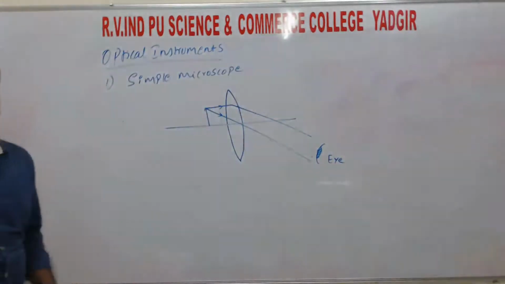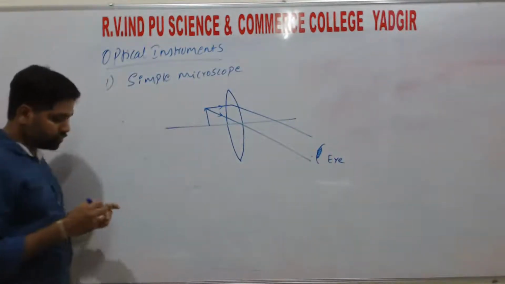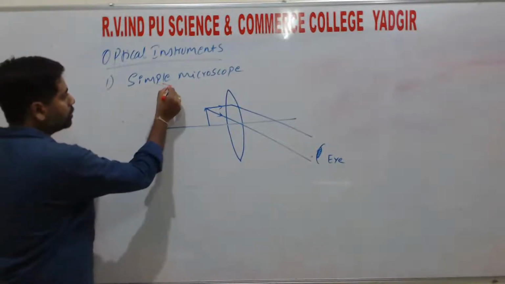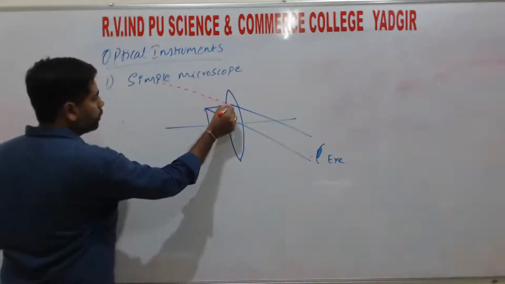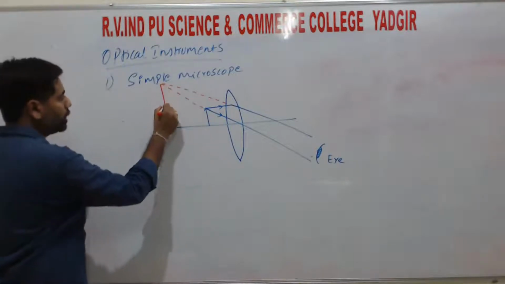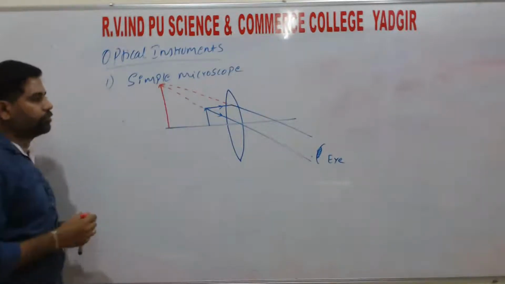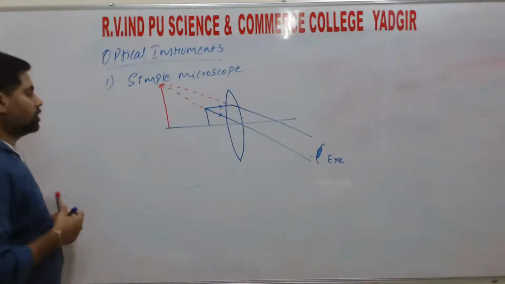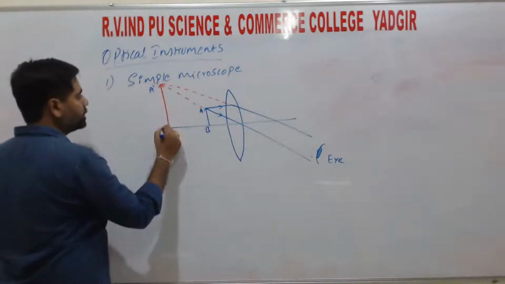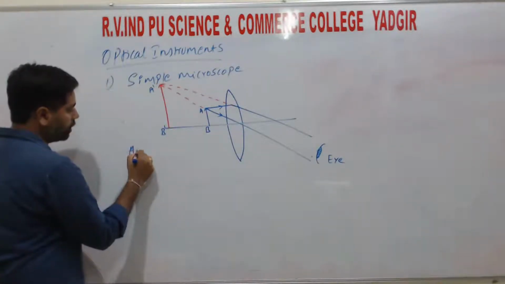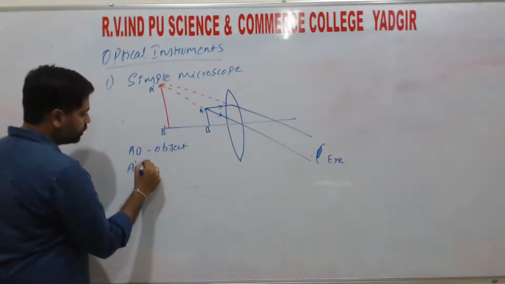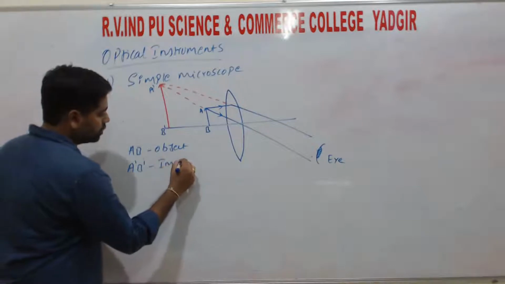If we produce or extend back the rays, AB is the object and A dash B dash is the image.